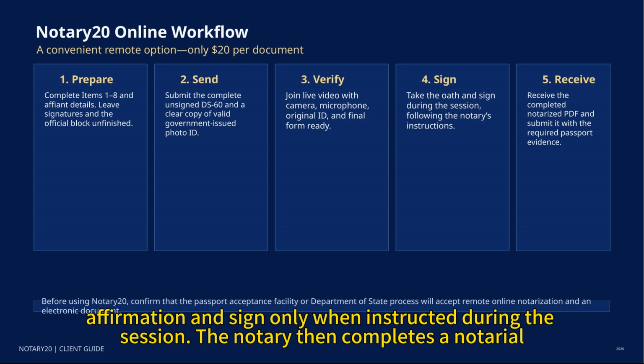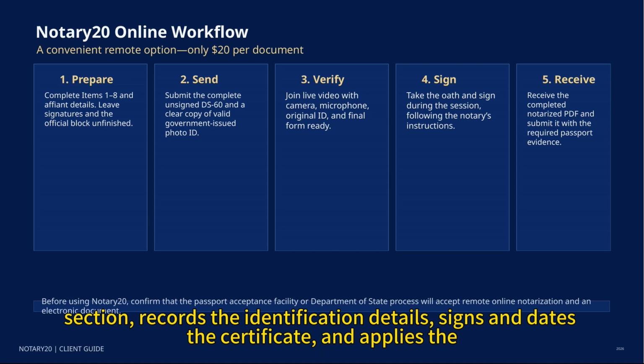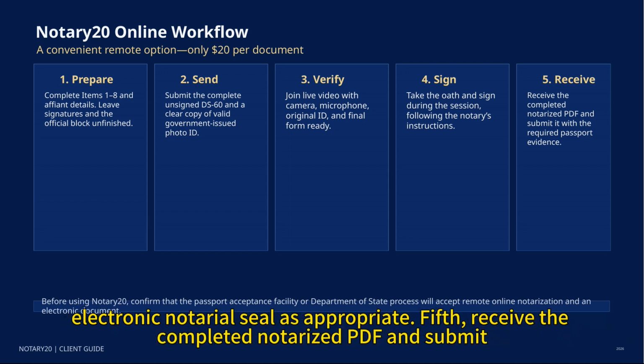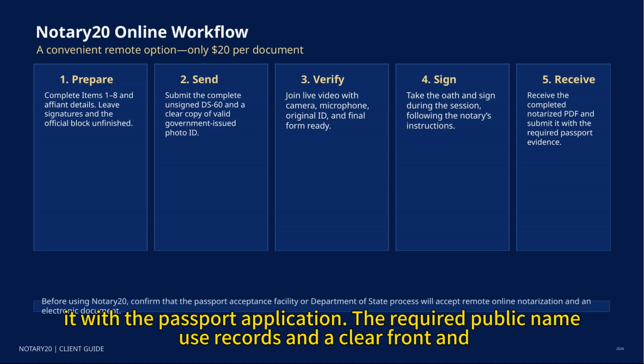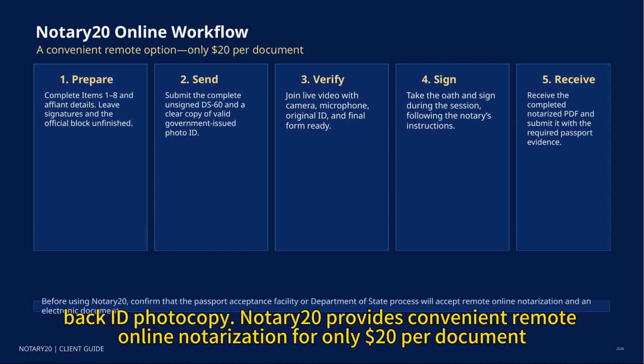The notary then completes a notarial section, records the identification details, signs and dates the certificate, and applies the electronic notarial seal as appropriate. Fifth, receive the completed notarized PDF and submit it with the passport application, the required public name-use records, and a clear front and back ID photocopy.